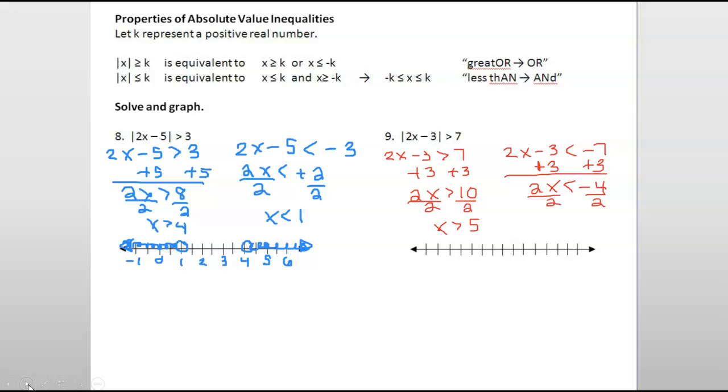Now, even though there's a negative 4 here, you divide it by a positive 2, so the absolute value direction does not change. So you get x is less than negative 2 or x is greater than 5.